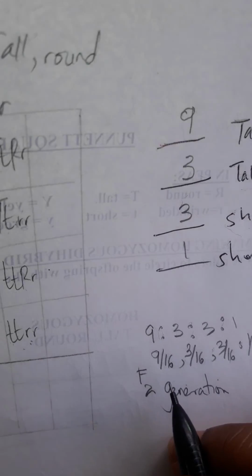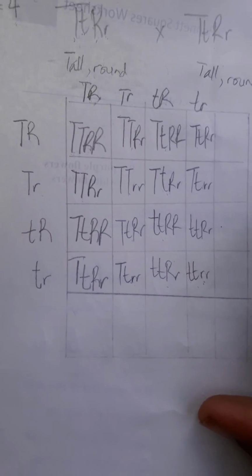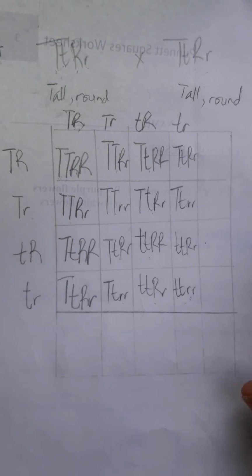And you can also express it as a percentage. So this is how you do a dihybrid cross. Go ahead and work on the examples that I've given you from the worksheet, and we will discuss them in class.